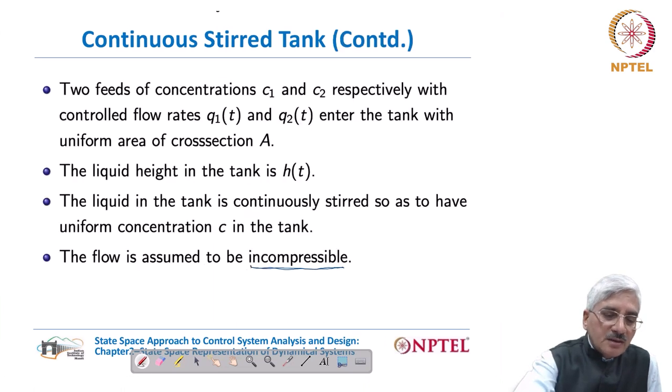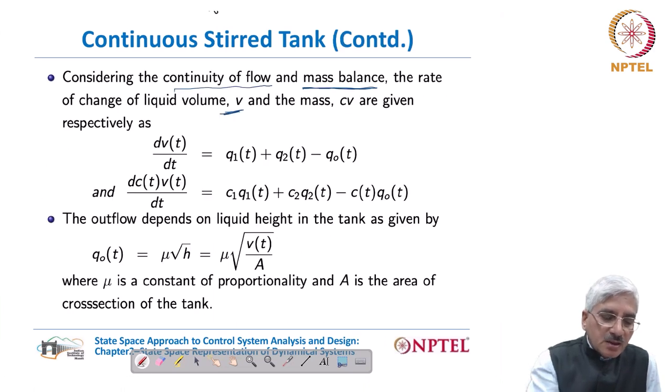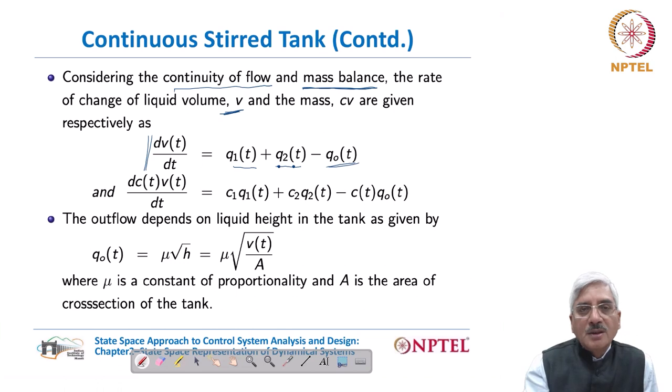So dV by dt, the rate of change of liquid volume in the tank, will be equal to that imbalance, or mathematically it will be Q1 plus Q2, the feed 1 and the feed 2, minus the outgoing flow Q0.